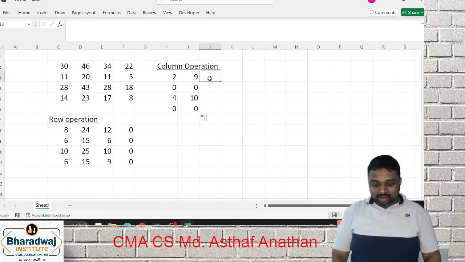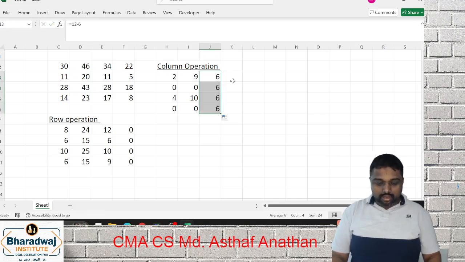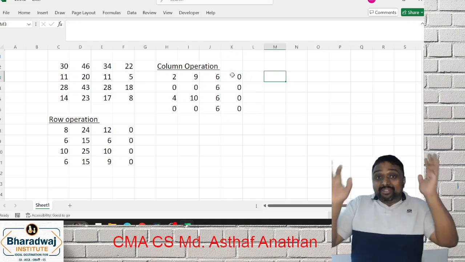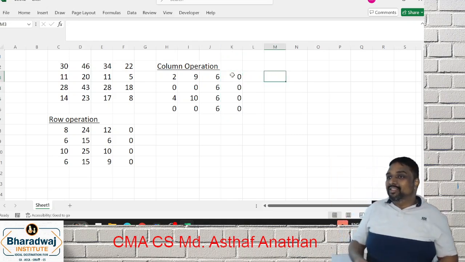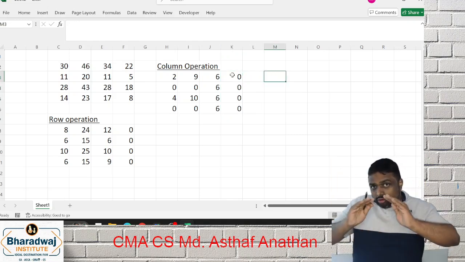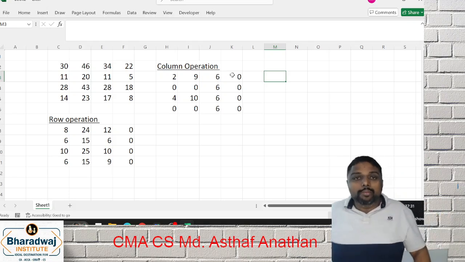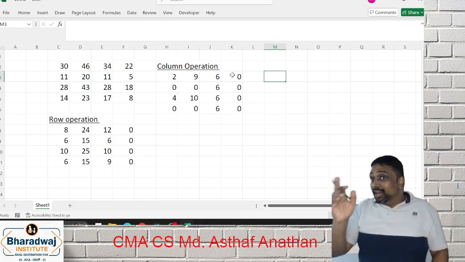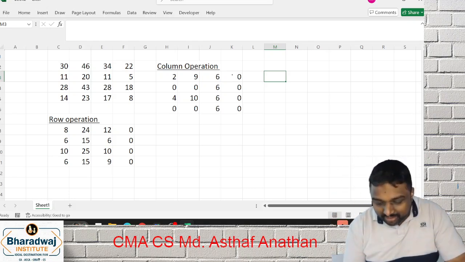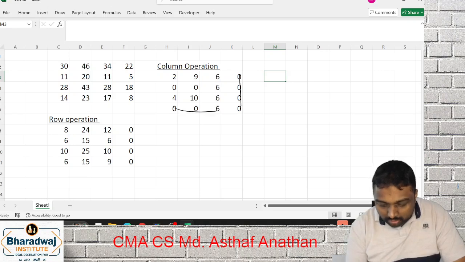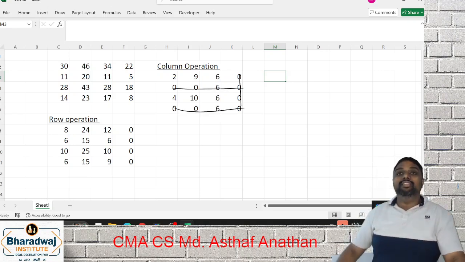Next least number is 6. Last row all are 0. So very easy. Once column operation is over, then your favorite part: you have to cover all the 0s with a minimum number of horizontal or vertical lines. Here we have more 0s, we cross them. We have taken only 3 lines.